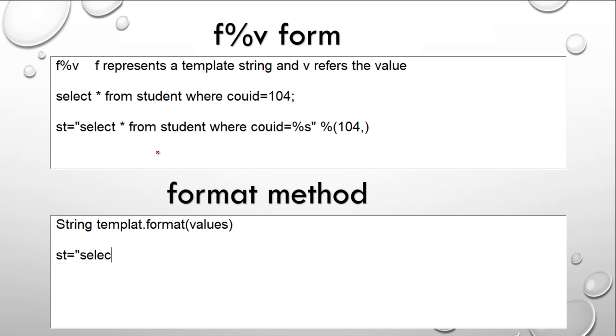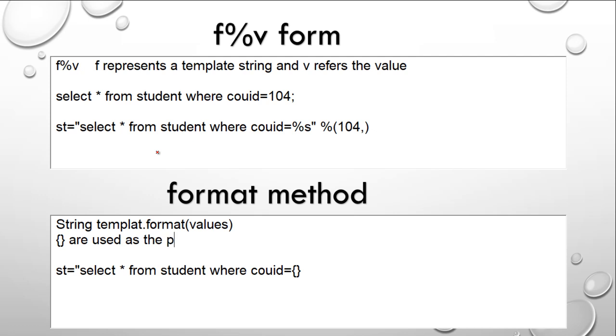So I will write it like this: select star from student where course ID is equal to. Now after that what I will do, I will simply put a curly bracket over here. Okay, so this curly bracket is basically the placeholder for the values. Let me write it over here also. Curly brackets are used as the placeholder for the values.